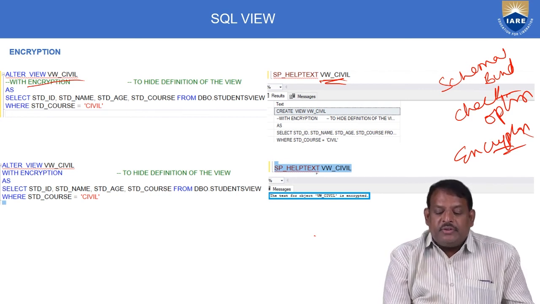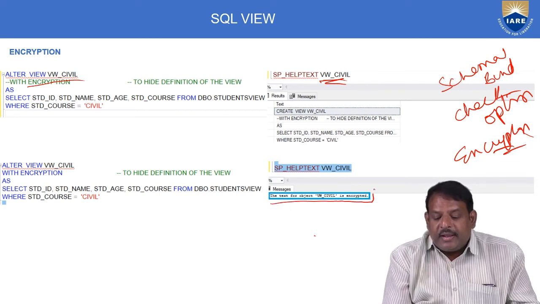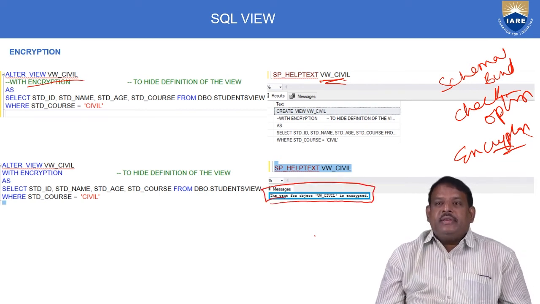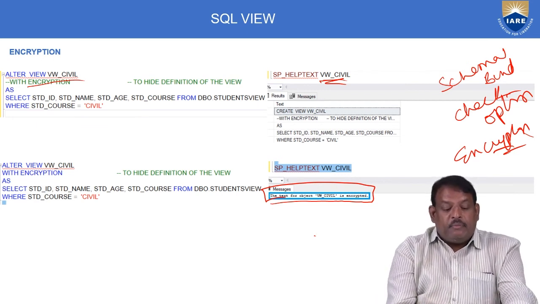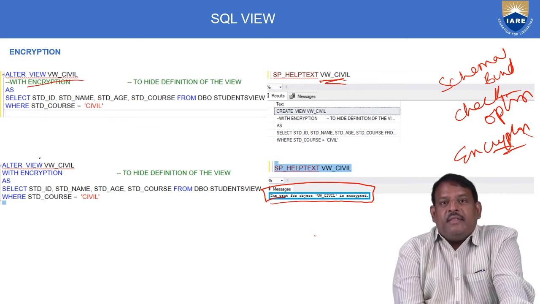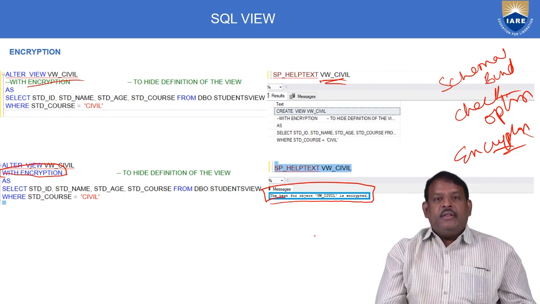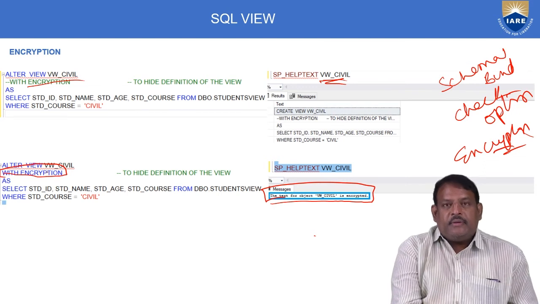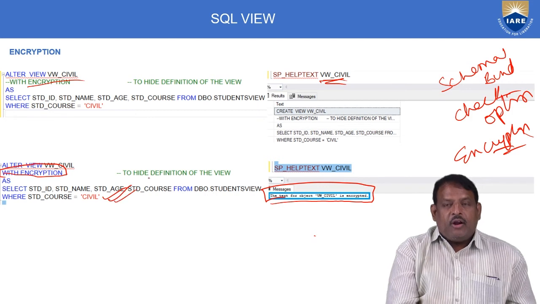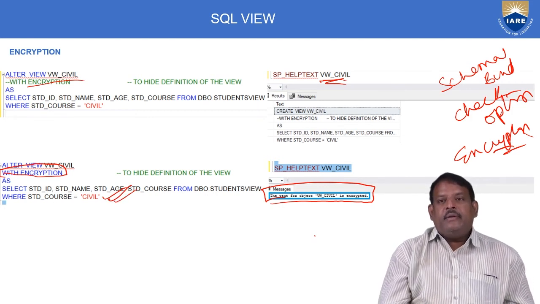When you try to execute the statement, you get the message: this text or object is encrypted. That means it is encrypted. Why? Because I have created this view with the syntax called with encryption. So I will not be able to see the definition here. That is why it is encrypted.